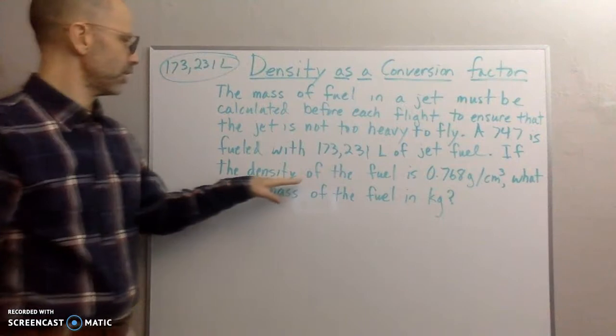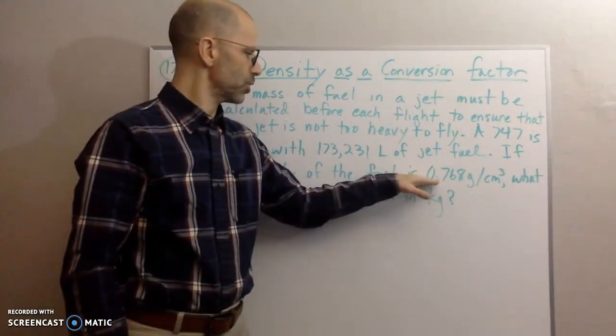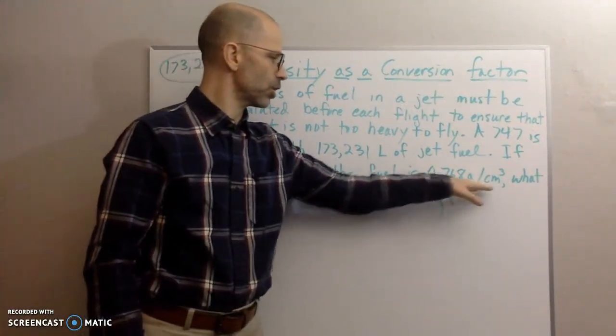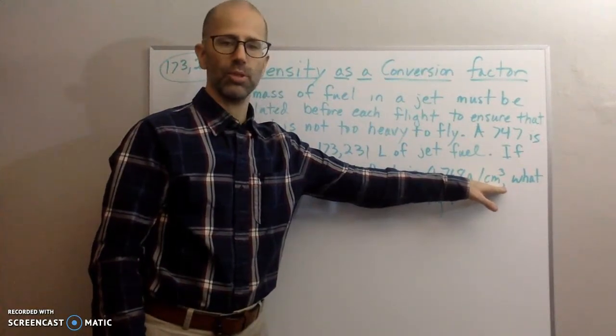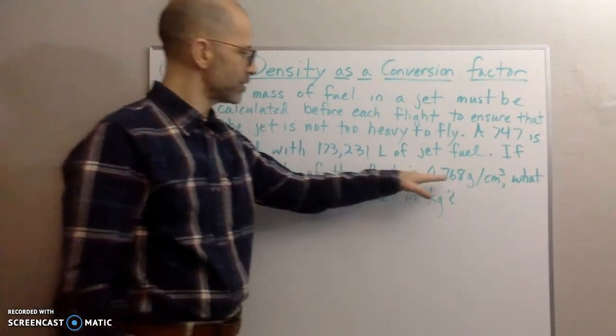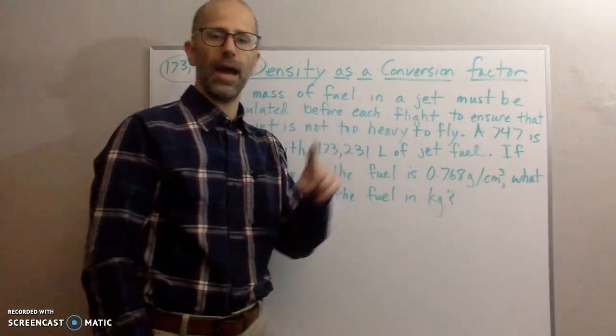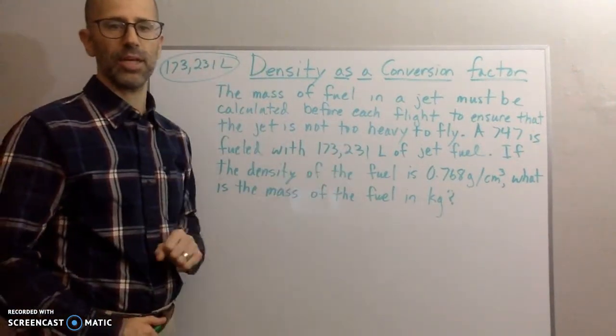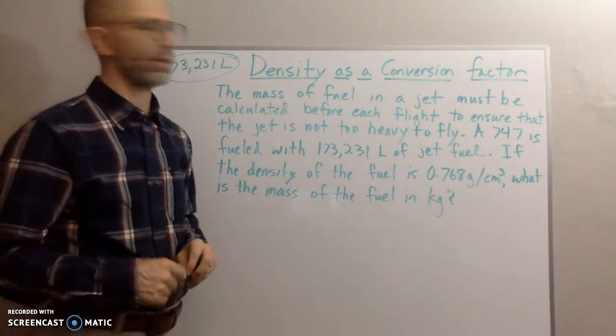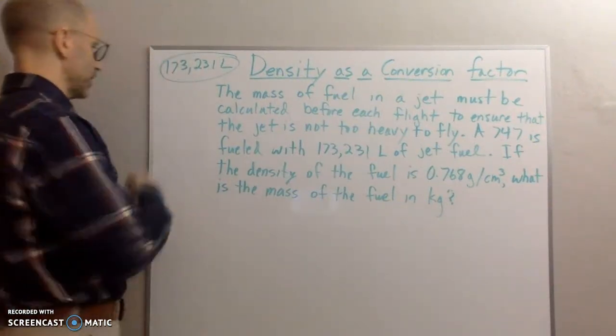If the density of the fuel is 0.768 grams per centimeters cubed. Okay, stop there. We have something per something. That is a relationship, a conversion factor right there. So let's write that down.